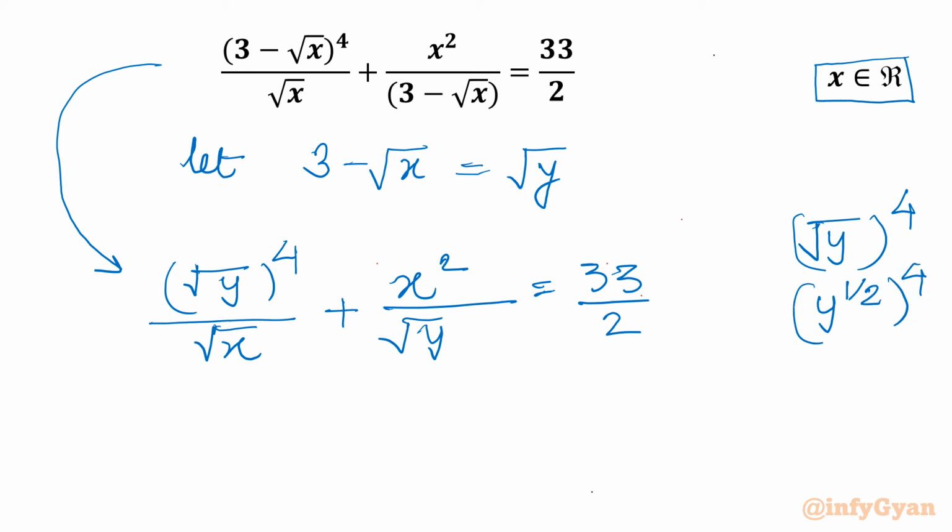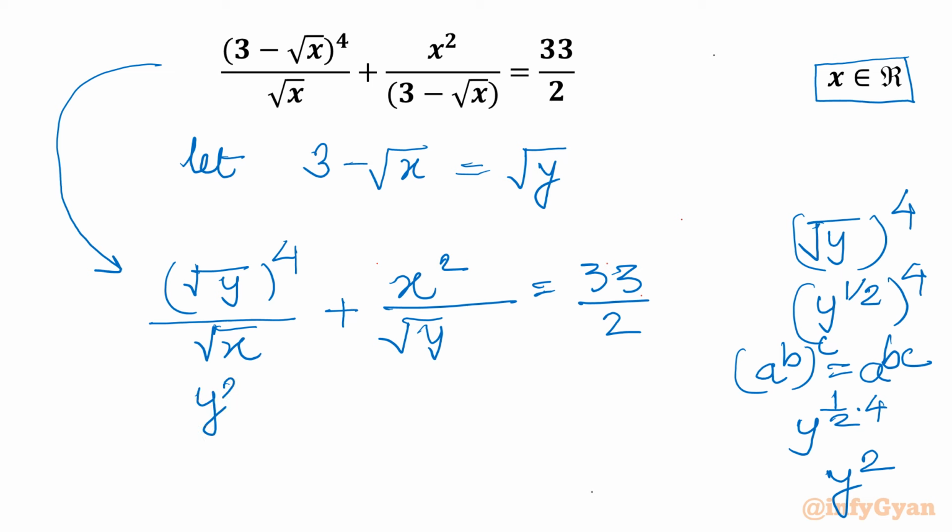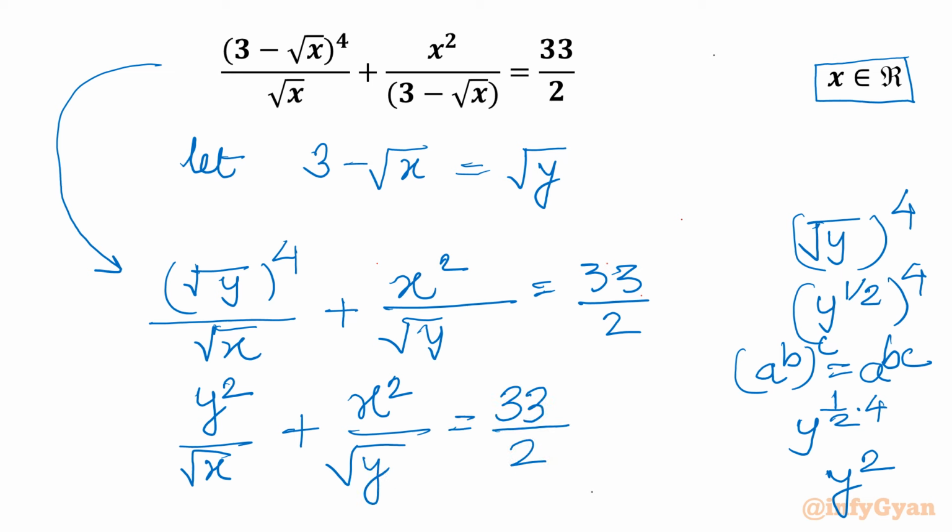Now using the exponential property, a power b whole power c can be written as a power b times c. So y power half times 4 will become y power 2, or y square. So let me write here y square over root x plus x square over root y equal to 33 over 2.